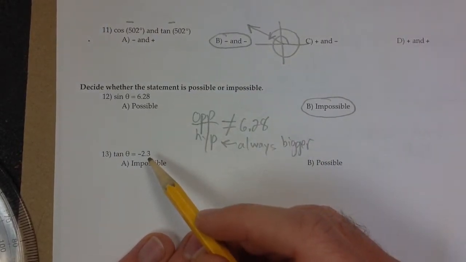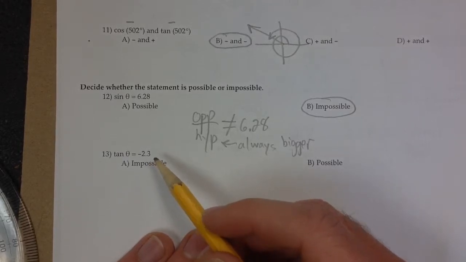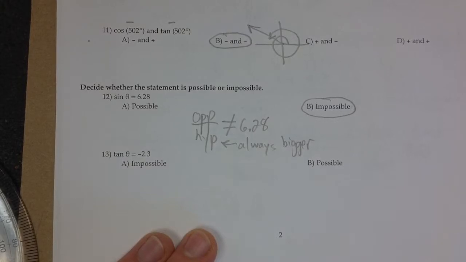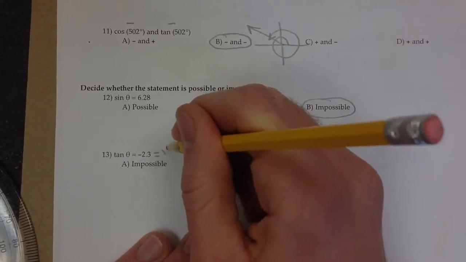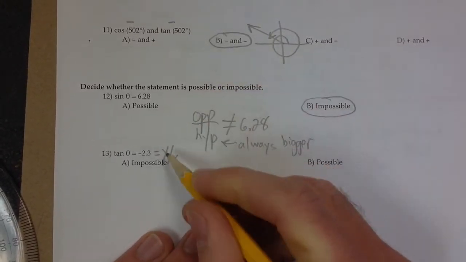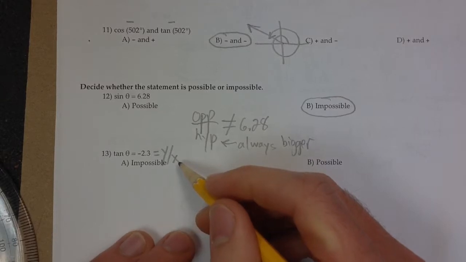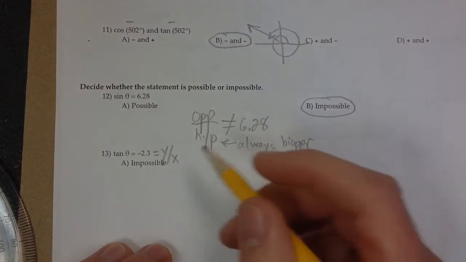Can opposite to adjacent be negative 2.3? Yes. In a right triangle it can't be negative, but on the coordinate plane, it can be. And that's what we are referring to. So the ratio of the y to the x coordinate can be negative 2.3 to 1.